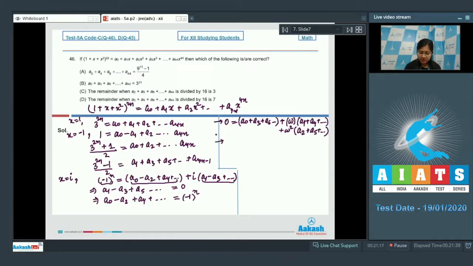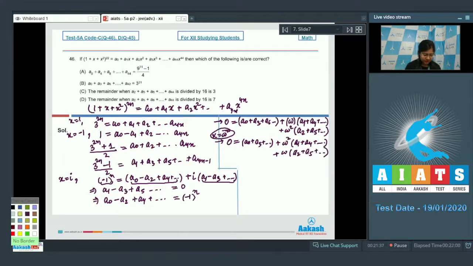Similarly, let's put x equal to omega square. So we will get 0 equal to A0 plus A3 plus A6 and so on, plus omega square into A1 plus A4 and so on, plus omega times A2 plus A5 and so on. I hope this is clear till now.